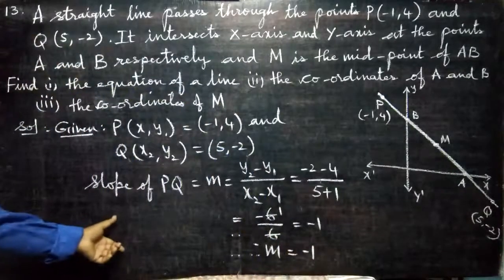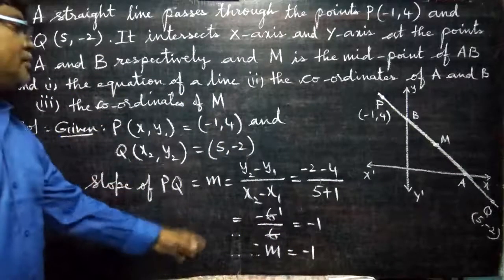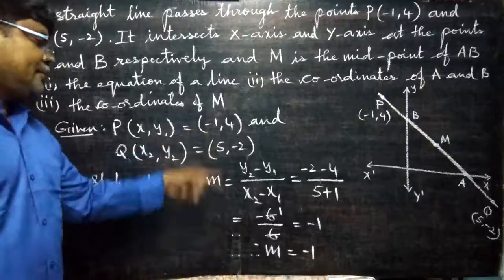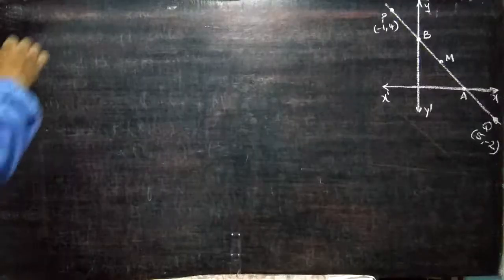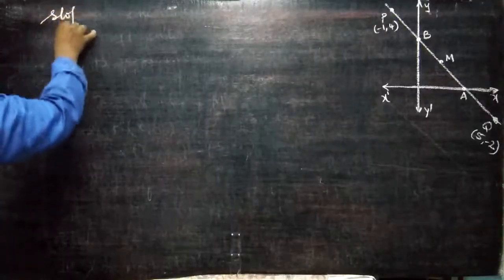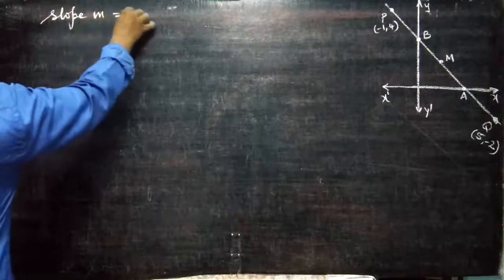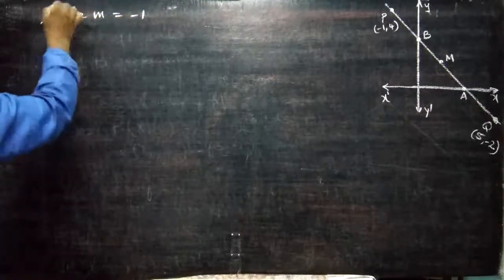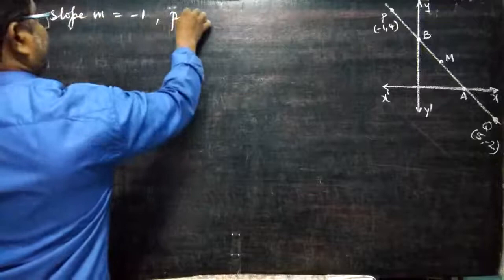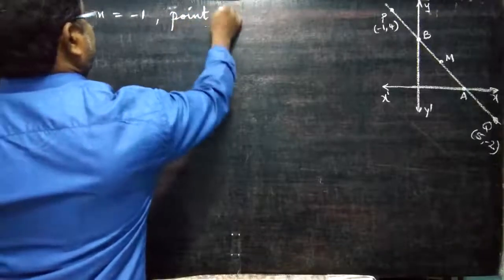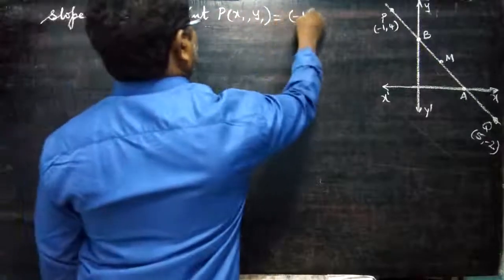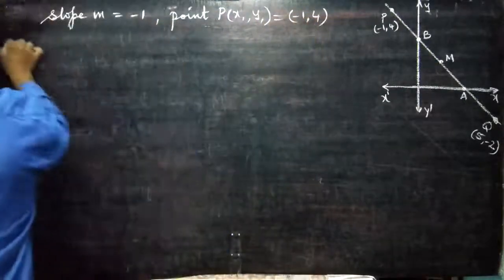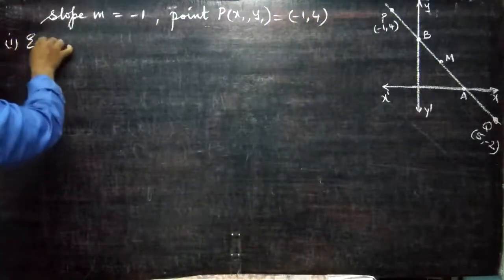Now we got slope. We are going to take slope and a point, and we will find the equation of a line. Now we got slope M is equal to -1 and a point P (x1, y1) is equal to (-1, 4). First bit, equation of a line.